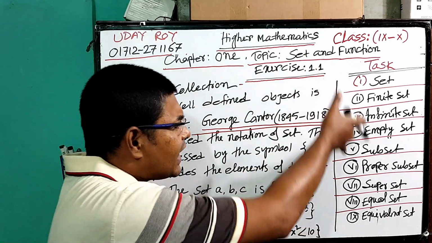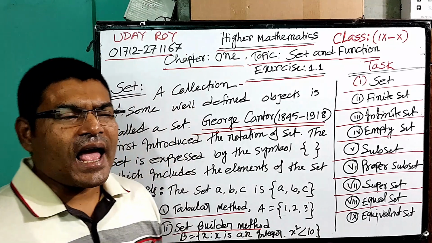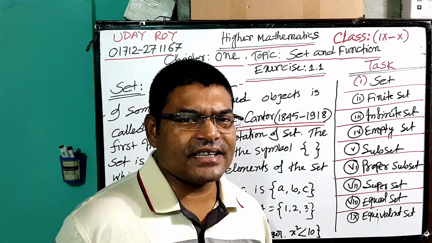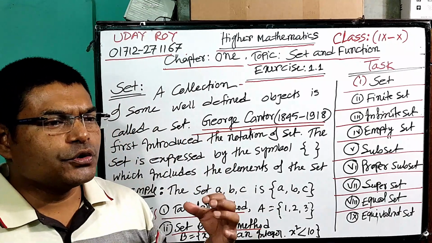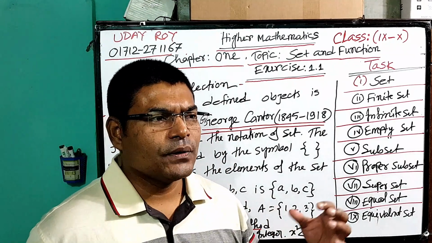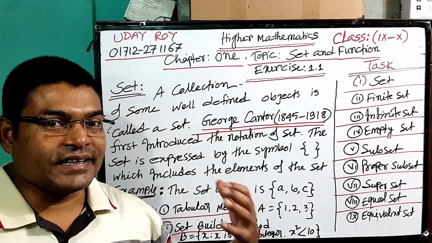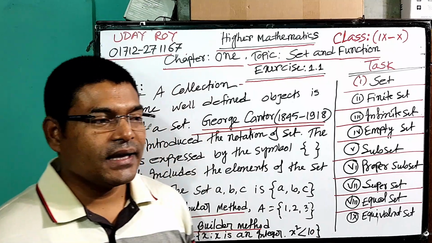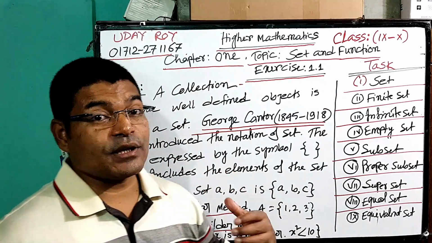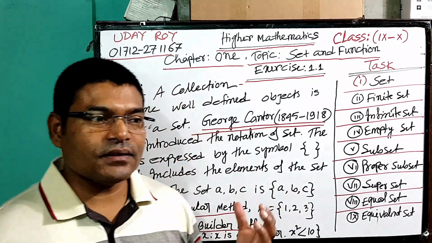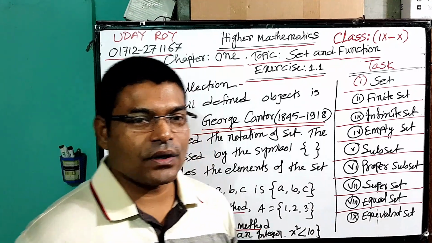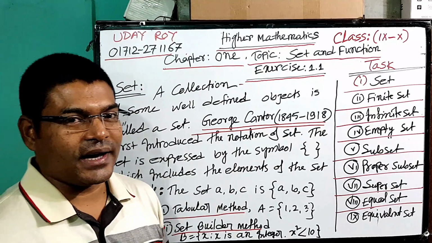We will learn all definitions, and we will discuss universal set, and we'll do some maths about union, intersection, and complement. Then we'll discuss the Venn diagram, then we'll start a proposition. Okay, so let's come to the point.